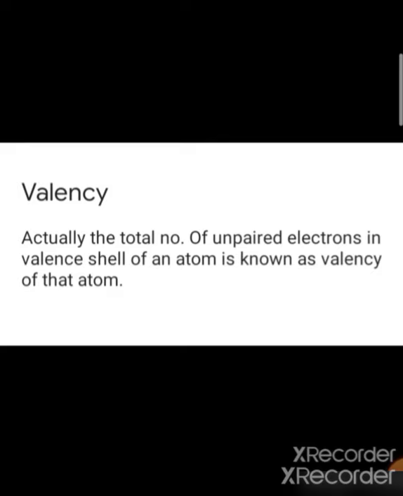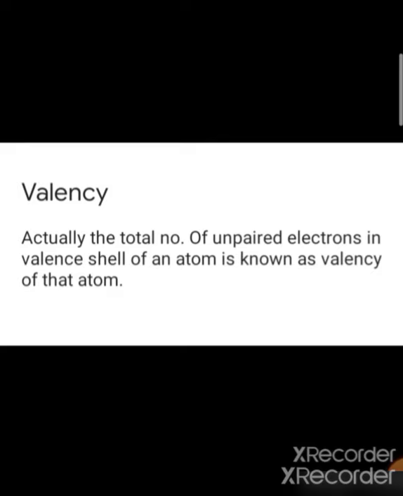Lithium, Li, atomic number 3. Configuration is 2, 1. The valency of lithium is 1. It means the total number of unpaired electrons is 1.